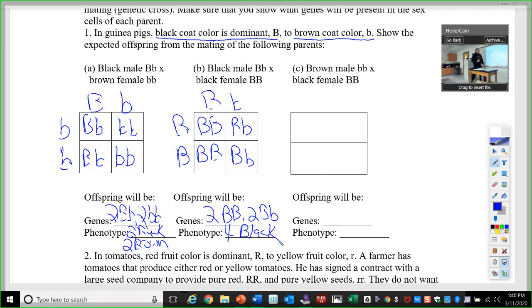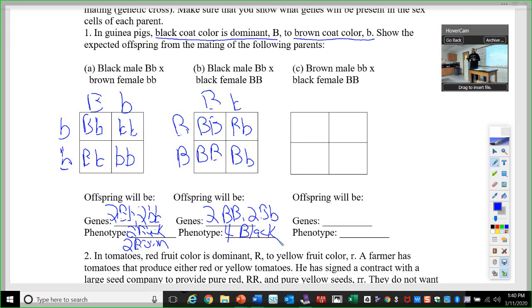Okay. All right, last one. Same phenotype, different genotype. So again, we talk about how homozygous dominant shows black. Heterozygous shows black. So again, can we look at a dominant phenotype and know its genotype?